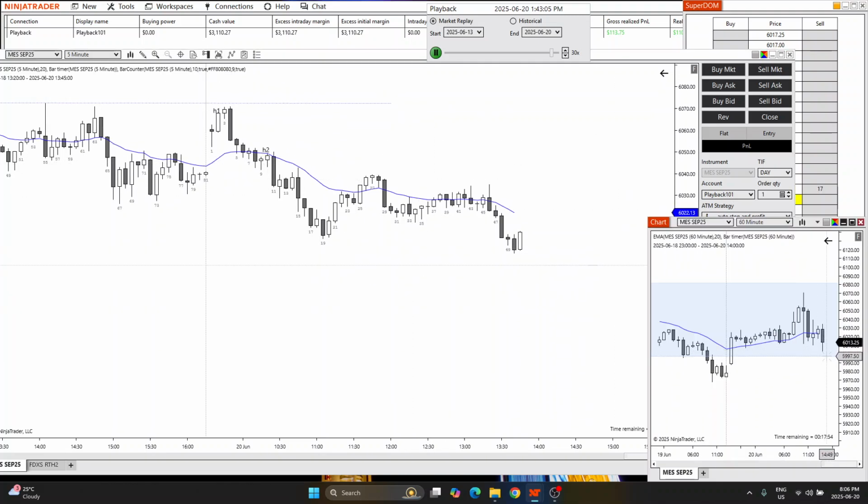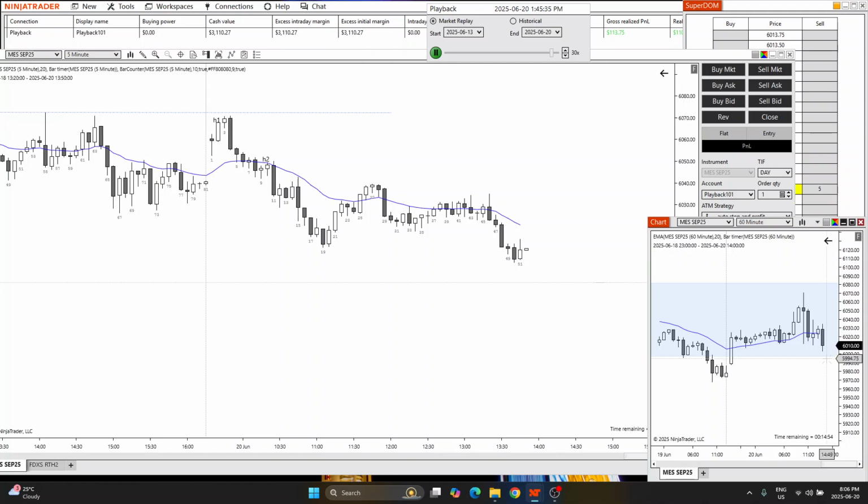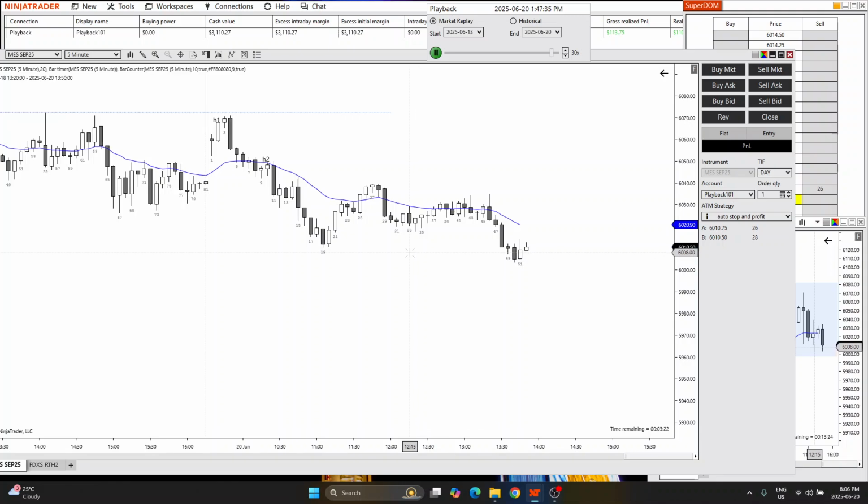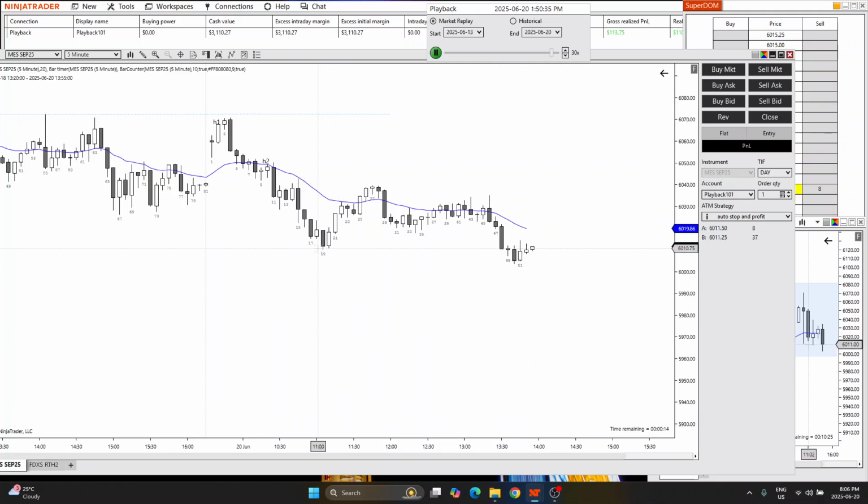So we are at the bottom of the trading range, nearly at the bottom. Let's go to the 60-minute chart. Plus we created a new low of the day. I thought 19 would be the low of the day, but this is the new low of the day.